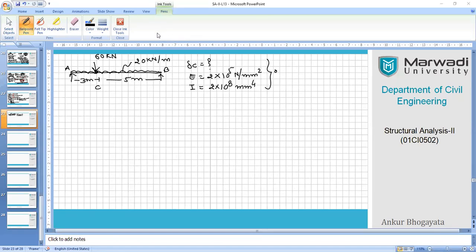Primarily, energy principle number 2 is applicable to indeterminate structures, with a level of comfort and applicability which is enhanced with the help of the energy principles.